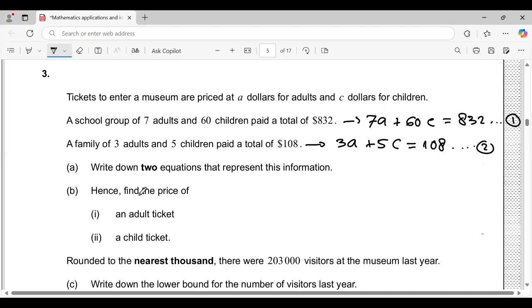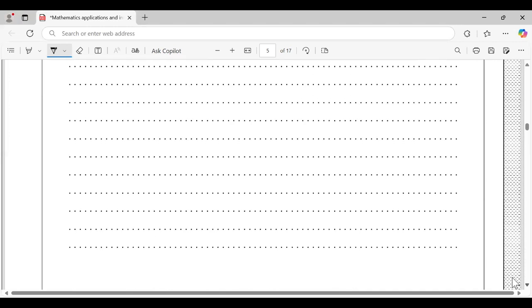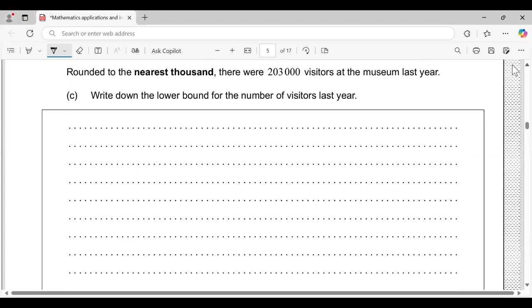Hence, find the price of an adult ticket and a child ticket. So we are going to find a and c through those equations. The equations are 7a plus 60c equals 832, and 3a plus 5c equals 108.